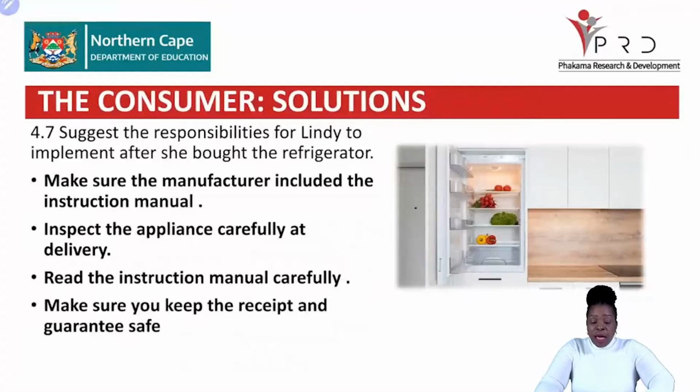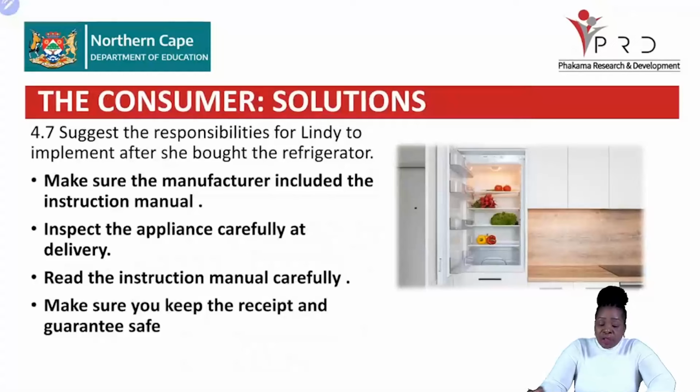We go on again to the solution for 4.7. 4.7 reads, suggest the responsibilities for Lindy to implement after she bought the refrigerator. What is it that she's supposed to do after she has bought the refrigerator or upon receiving the refrigerator?